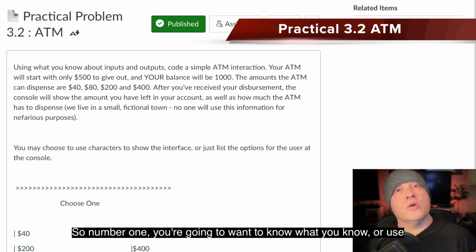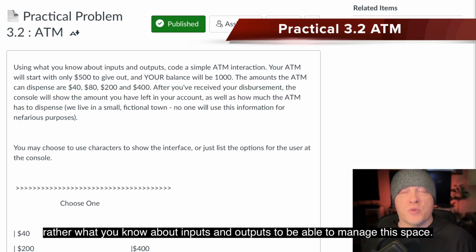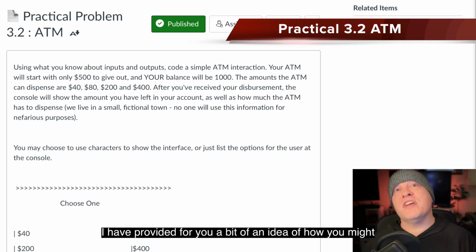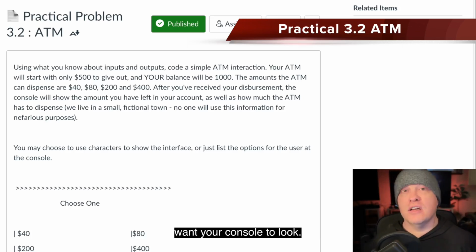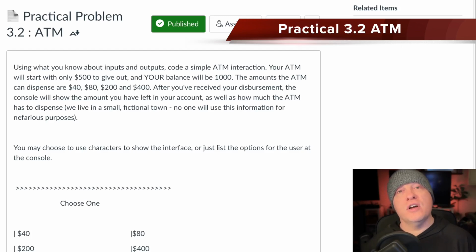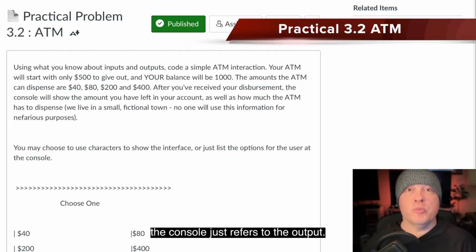So number one, you're going to want to use what you know about inputs and outputs to be able to manage this space. I've provided for you a bit of an idea of how you might want your console to look. Remember that the console just refers to the output.